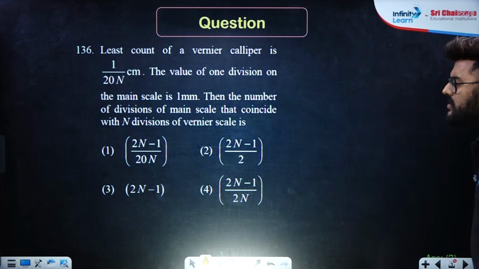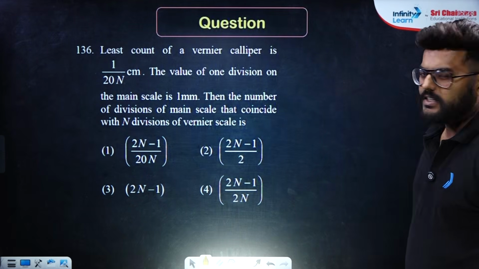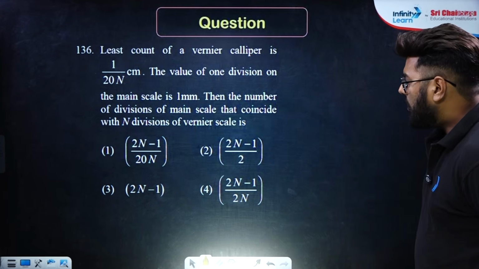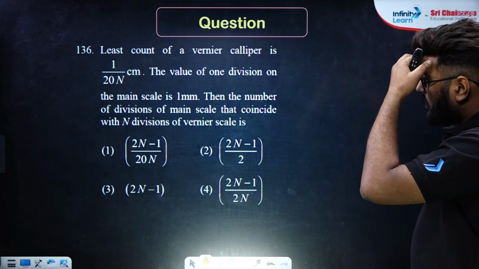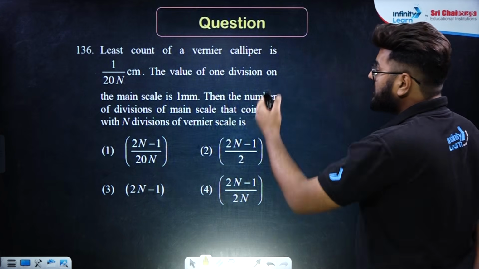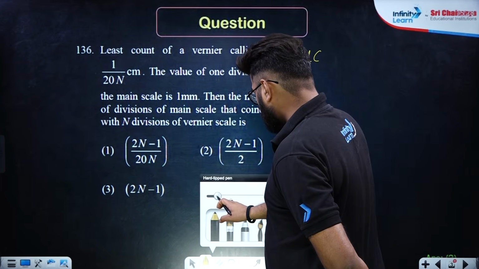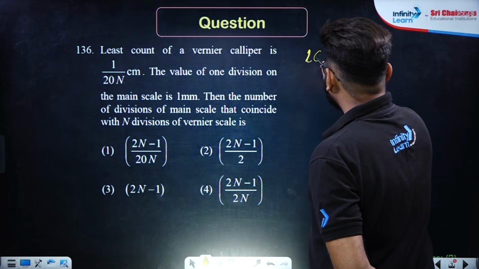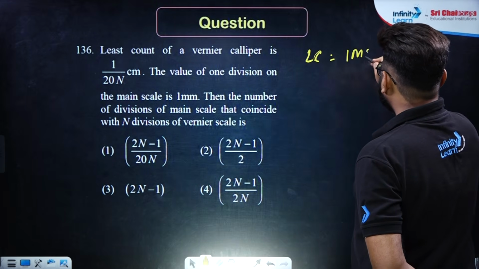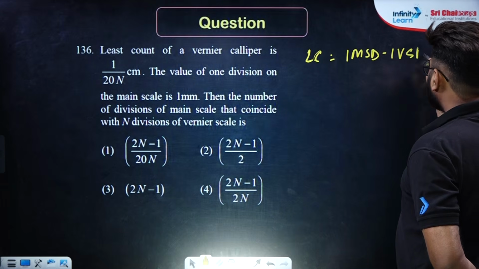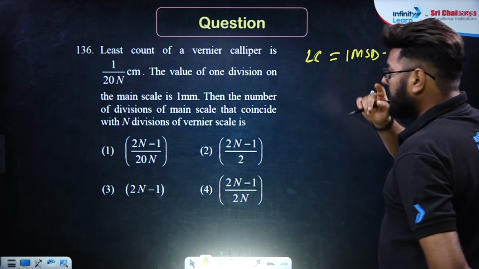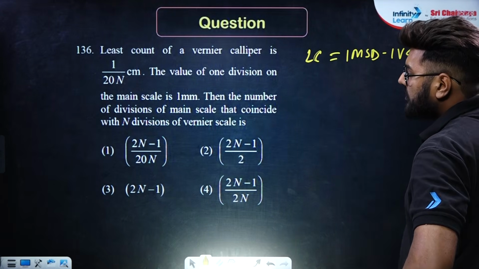Then the number of divisions of the main scale that coincide with n divisions of the vernier scale is asked. They are giving you the least count of the vernier caliper, which is equal to 1 MSD minus 1 VSD, correct? And the value of one division on the main scale is 1 mm.